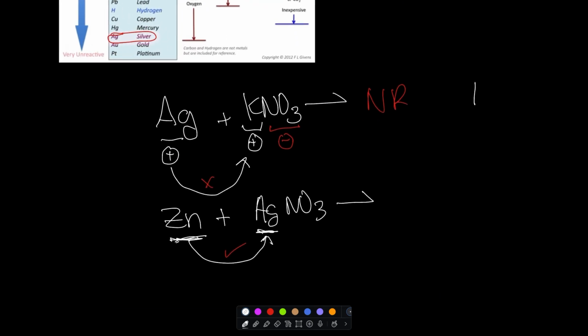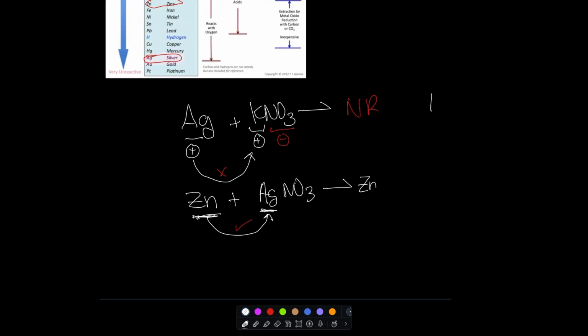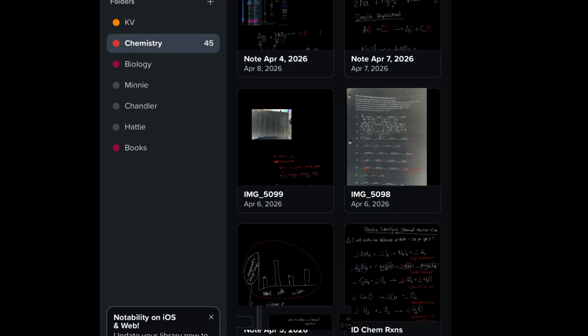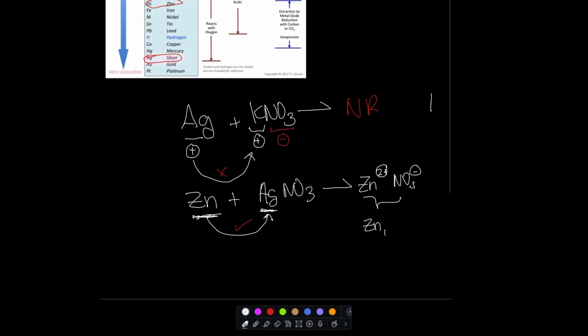And now Zn will combine with NO3. Remember Zn is 2 plus, NO3 is 1 minus. So when they combine, we're going to just simply crisscross those charges, right? So now we have Zn1, which is invisible because we have a charge of 1.